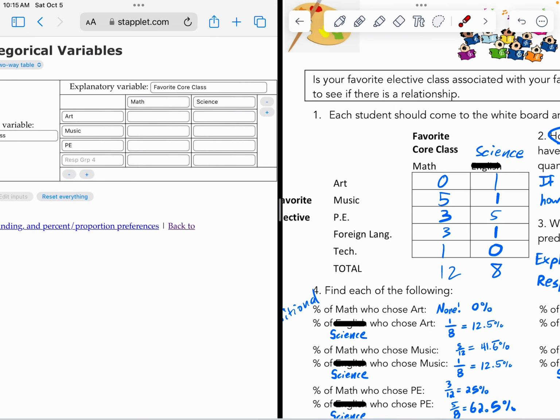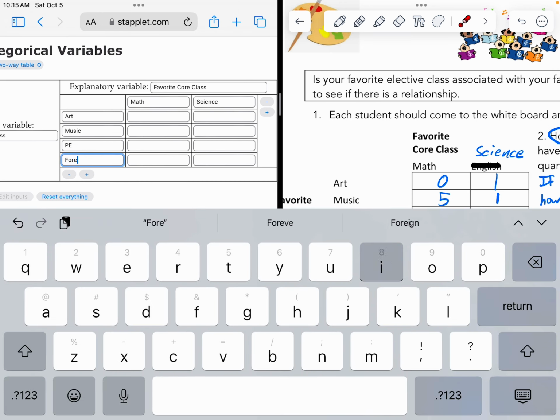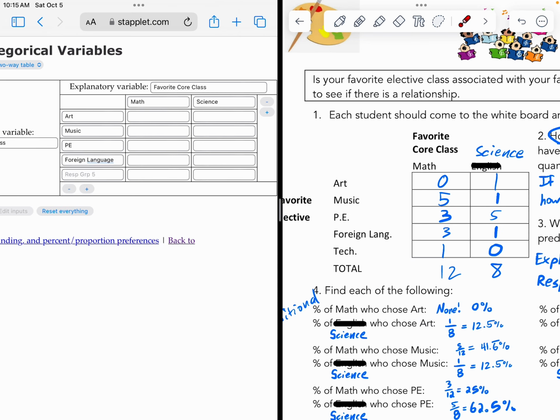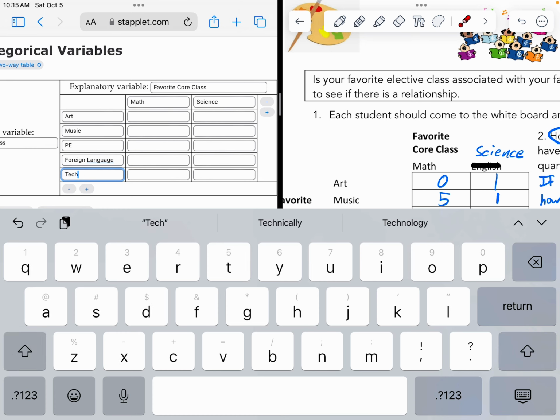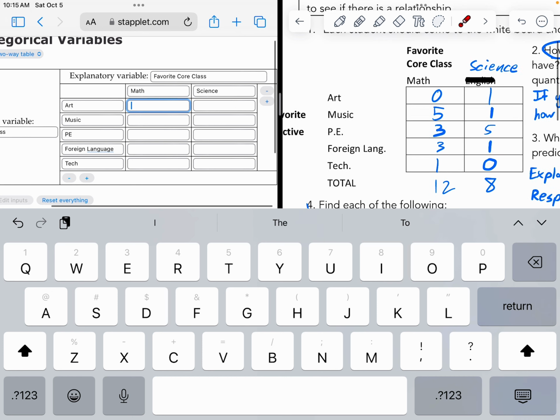PE, foreign language, and the last one was tech. Okay, and then we put the numbers in.